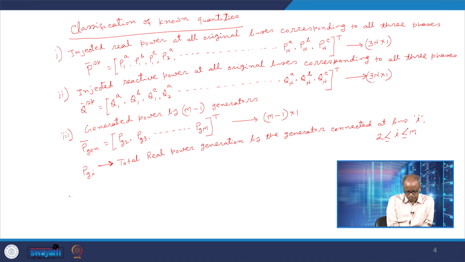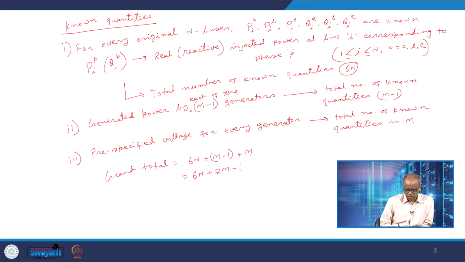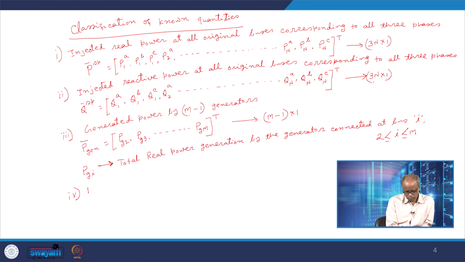And then the last classification is the pre-specified voltage magnitude at every generator terminal.